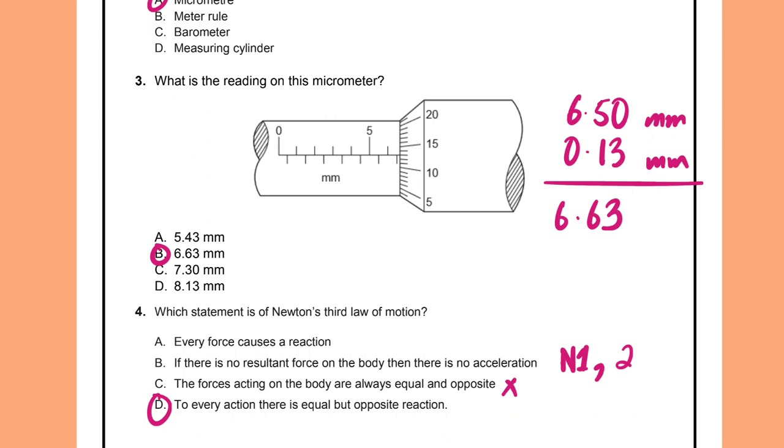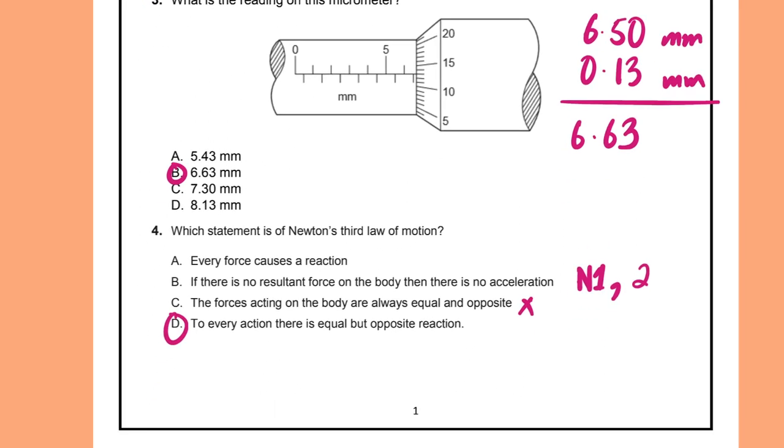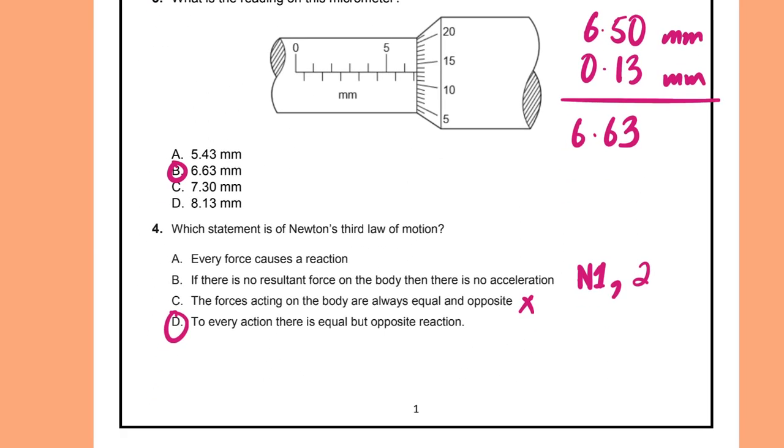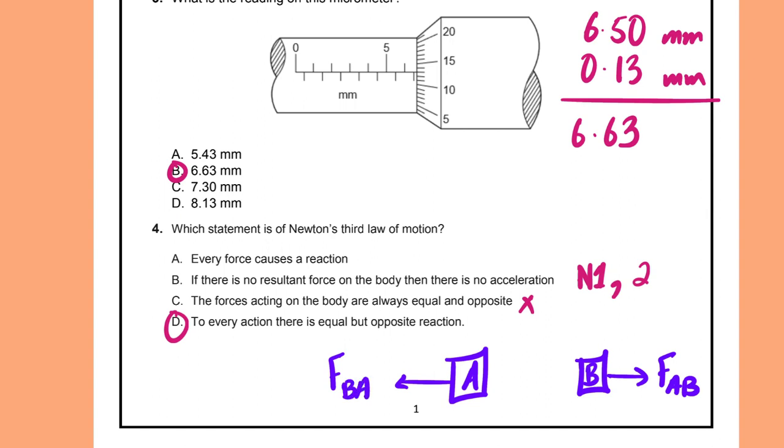But in your most recent syllabus, you have to talk about Newton's third law in this way, that if an object A applies a force on B, so if A applies a force on B like this, F A on B, so B applies an equal and opposite force on A, right? This is how you have to write it. So both of these forces are equal.